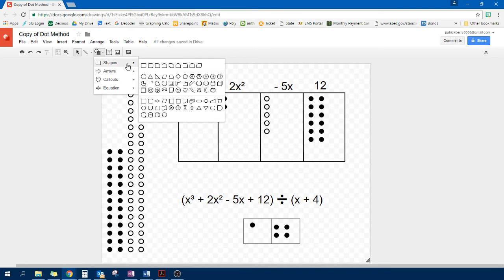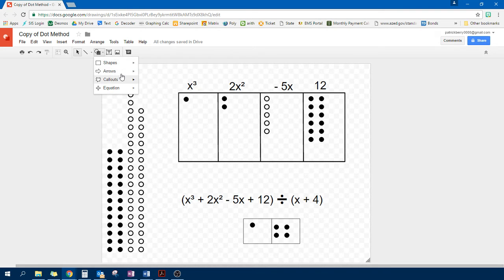So I am going to use a scribble. Notice we have 1 on the left and 4 on the right. Right here we have 1 here, but we have 2 here. So we don't have enough. So what you want to do is grab 2 anti-dots.